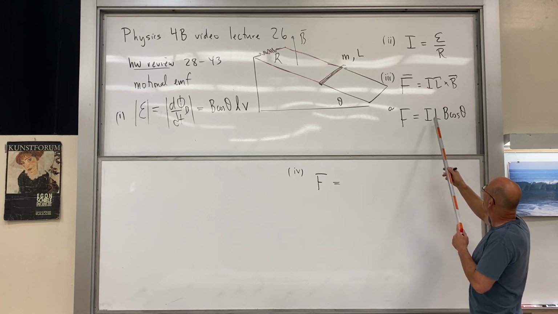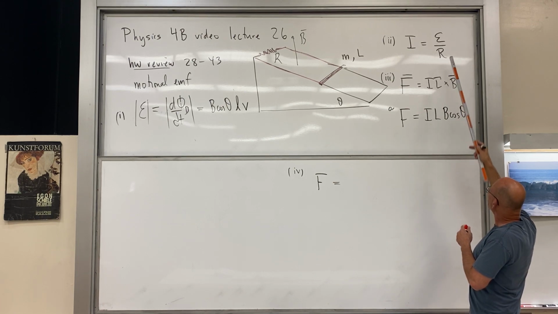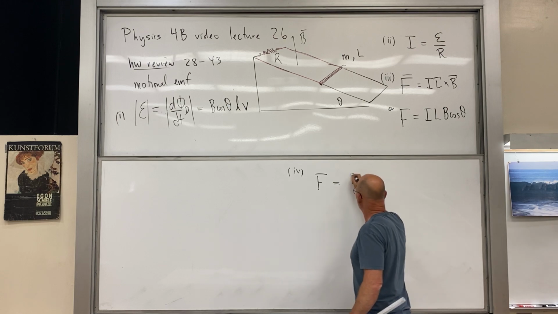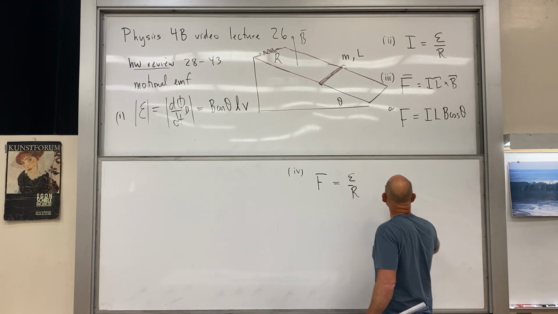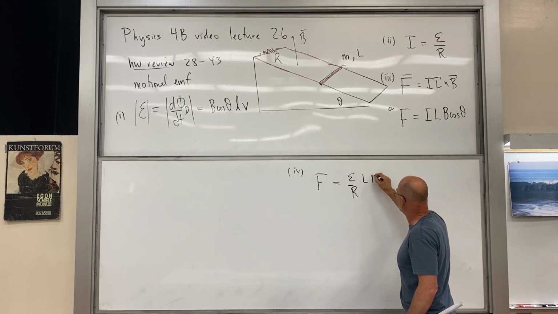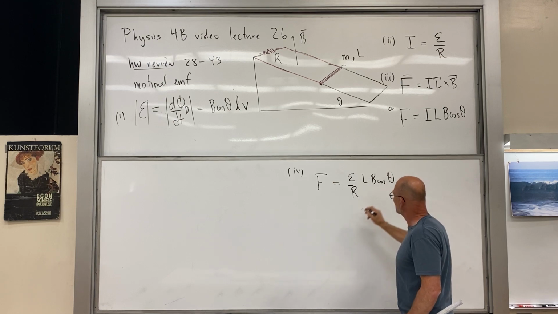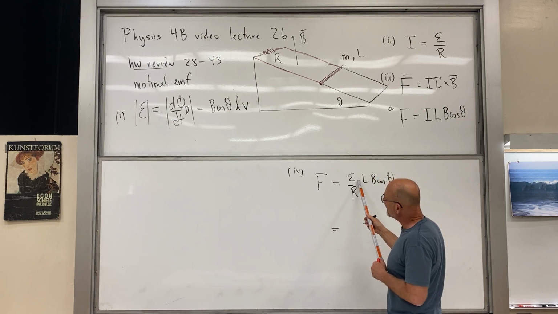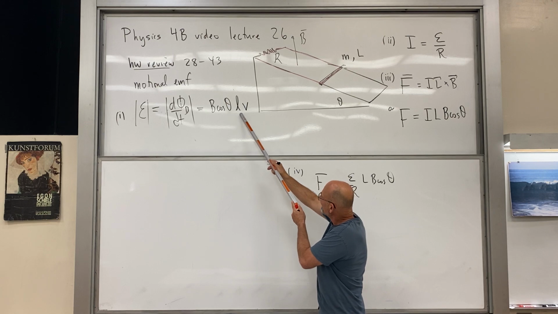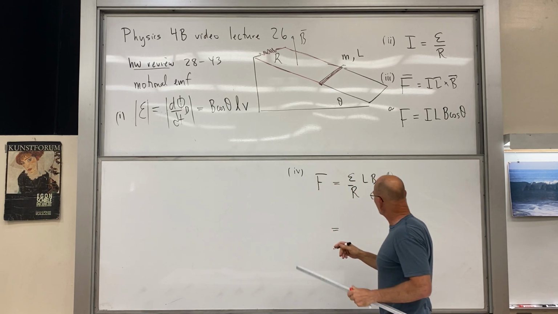So good. So we've got that, and I'm just going to plug in. For I, we plug in this E over R, and then we've got the L B cos theta. But of course, this E here is L B cos theta v.